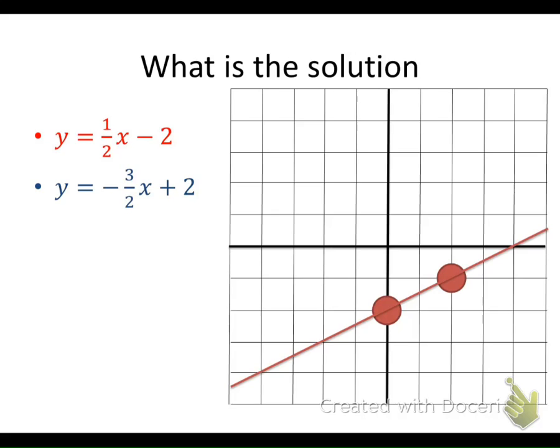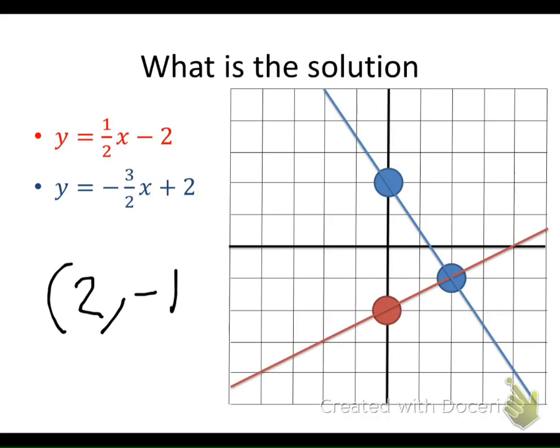In the blue, we start at a +2, that's the y-intercept, then this slope goes down 3 and forward 2. Draw a line in between them. That intersection point is the solution, so our solution for this problem is x goes forward 2, y is down 1, so it's the point 2, -1.